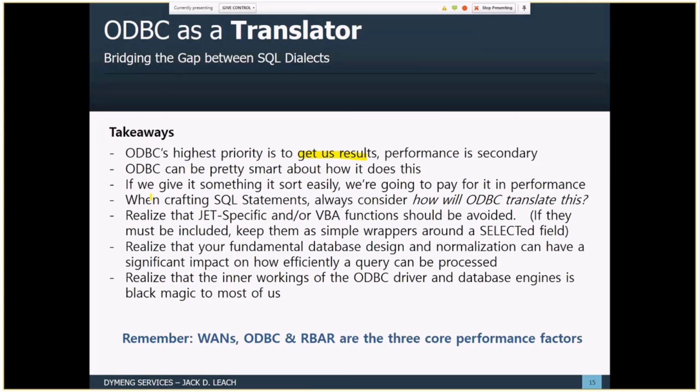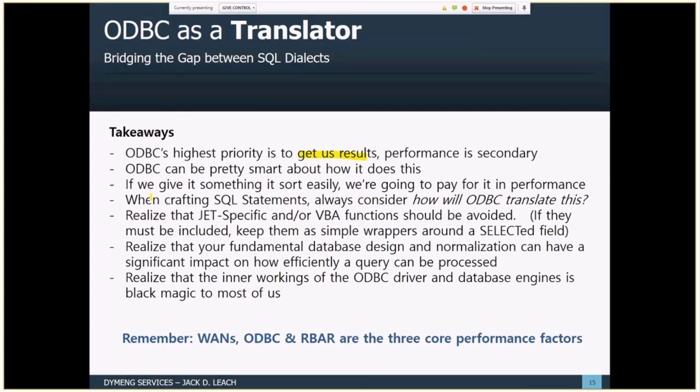When we are crafting SQL statements and building our application, we should always keep in the back of our mind: how is the ODBC driver going to attempt to translate this? How is it going to attempt to resolve this? We want to be aware of, or at least have some idea of, what we're asking it to do.